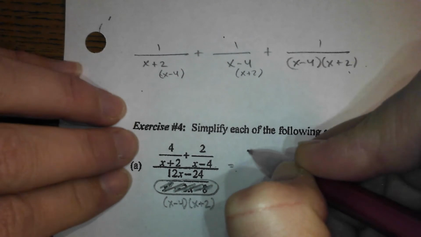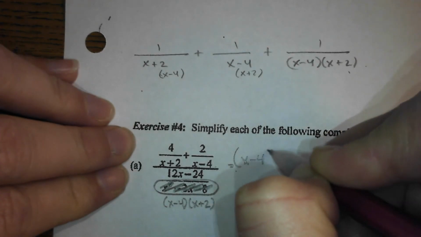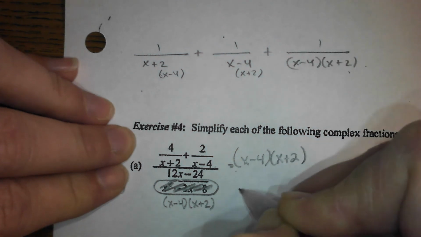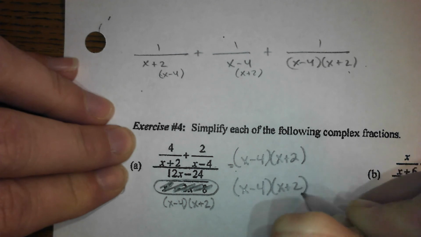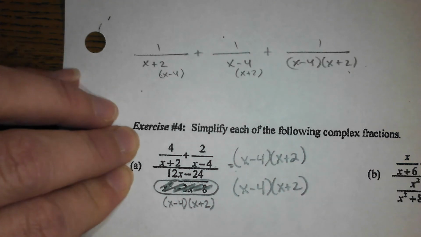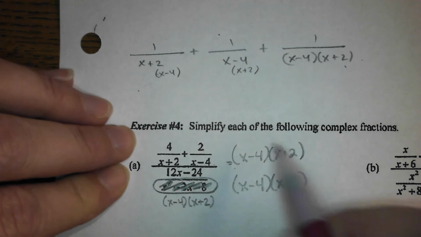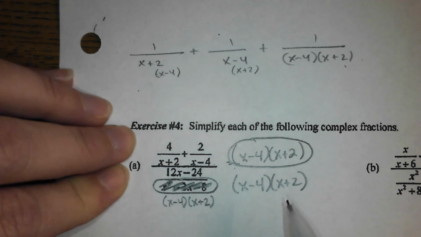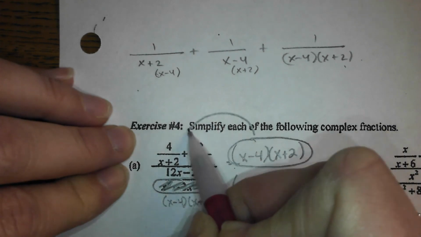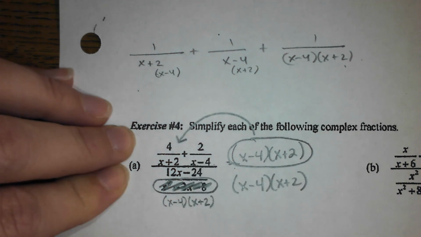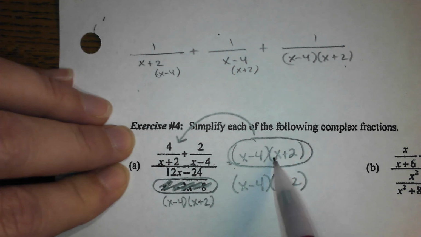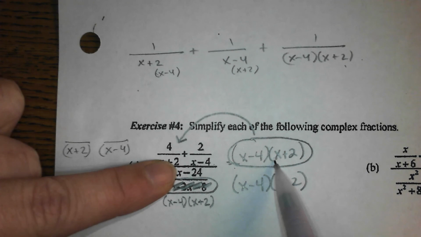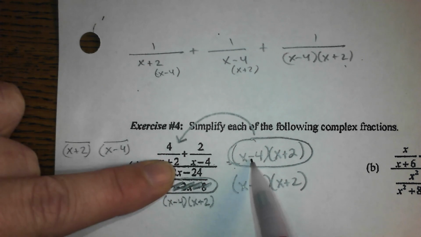So up top, I'm going to multiply by an x minus 4, x plus 2. On the bottom, I'm going to multiply by an x minus 4, x plus 2. So in my numerator, I have to take this and I have to distribute it. When I distribute it to the first fraction, what cancels? This denominator has an x plus 2, and I'm multiplying it by an x plus 2, so those will cancel. And I'm left with just the 4 and an x minus 4.